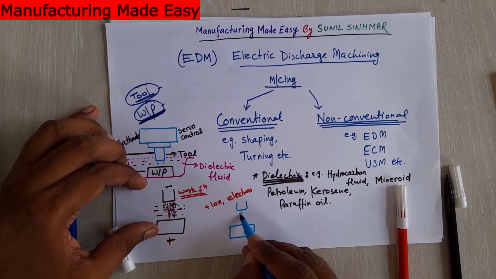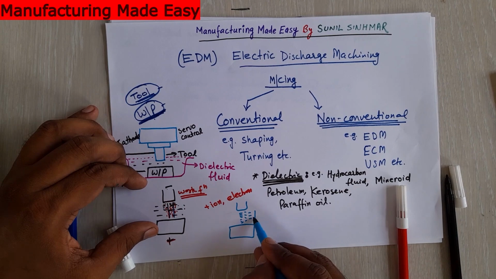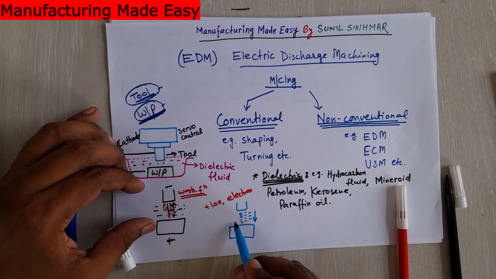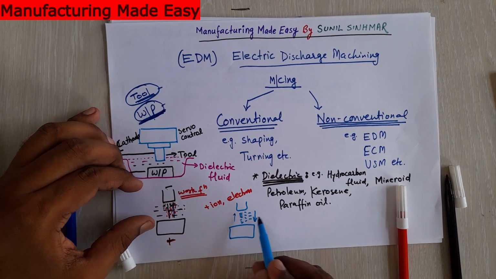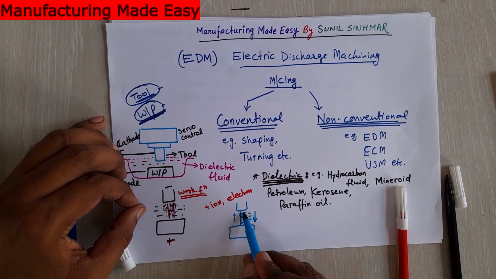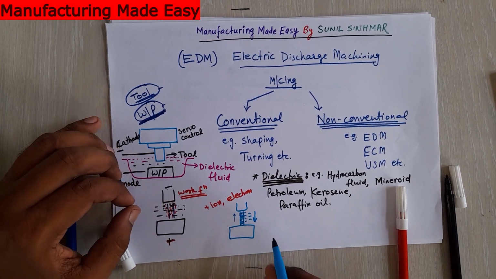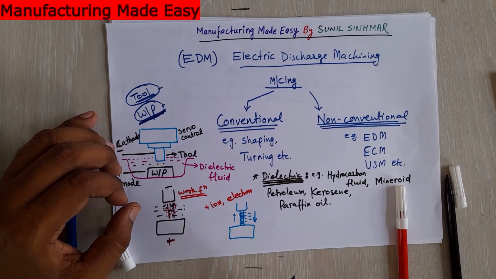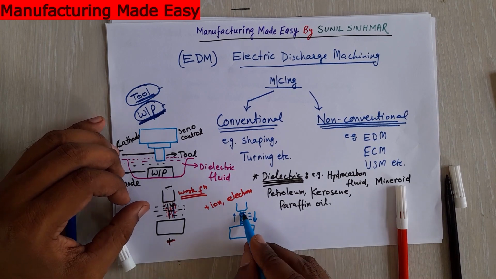So this way is ionized, negative electrons are moving toward the workpiece, positive ions toward the tool. So it is ionized here, and this forms a kind of ionic column.